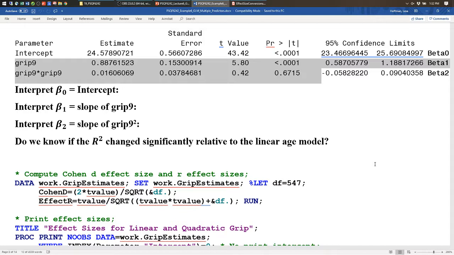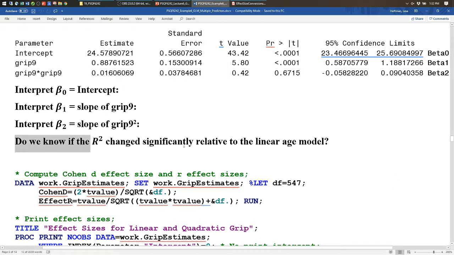Times 2. Yes. So if I said this is 0.016 would be like 0.320, I would say the linear slope for grip strength becomes more positive by 0.320 per pound of grip strength. Twice the quadratic, that's the rule. Because the quadratic is half the rate of acceleration.